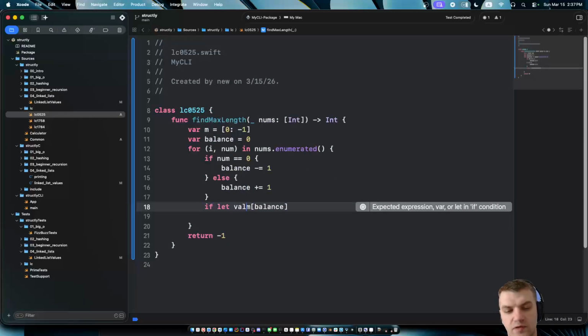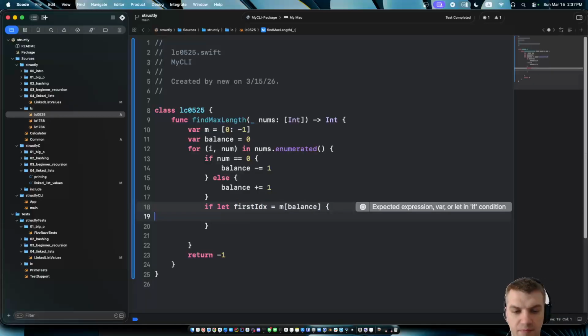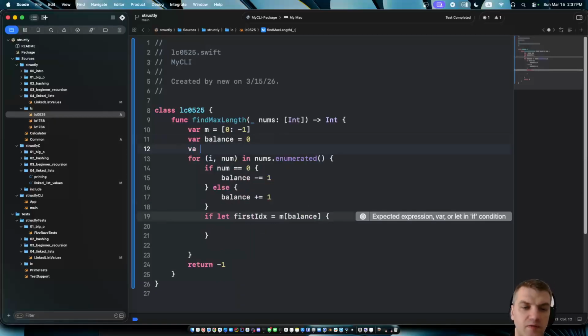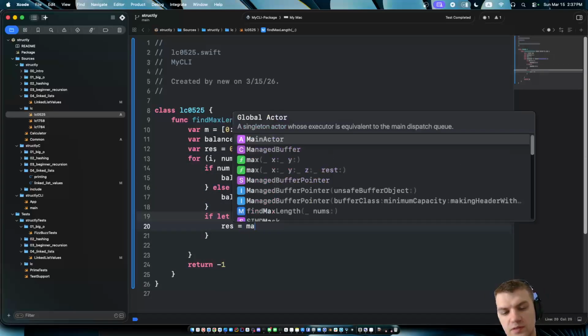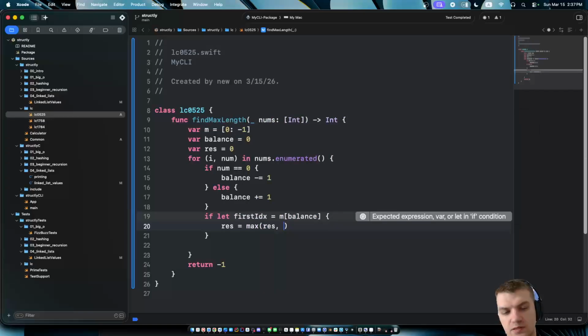If let val equal to map balance, and this one is going to be the first index, then I'm going to update the result. var res is equal to 0, and then the result is going to be the max between res and i minus first index.